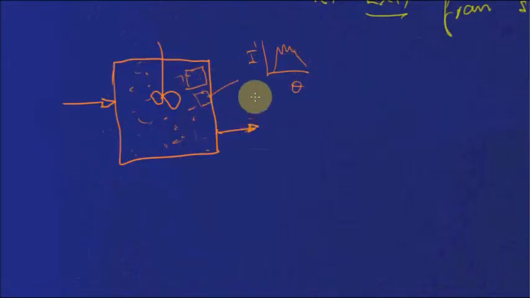And according to the CSTR model, we will get the exact same age distribution in the exit stream here. So if we were to plot E of theta, we'll get the exact same type of distribution. And I'm not drawing the correct distribution here. We'll see that that takes a very specific shape. But just as an example, the characteristic of the CSTR is that we've got the same age distribution inside the reactor as in the exit stream.